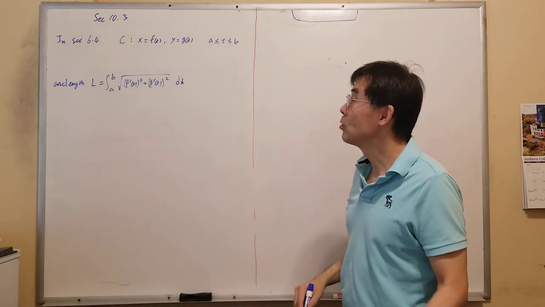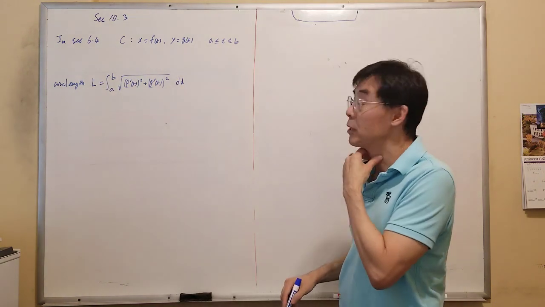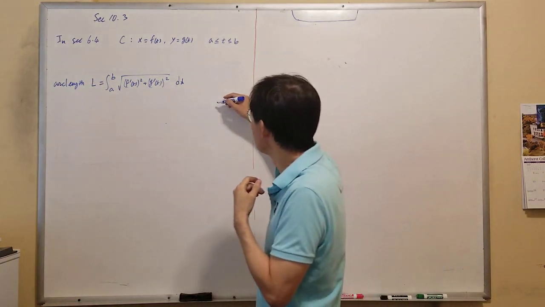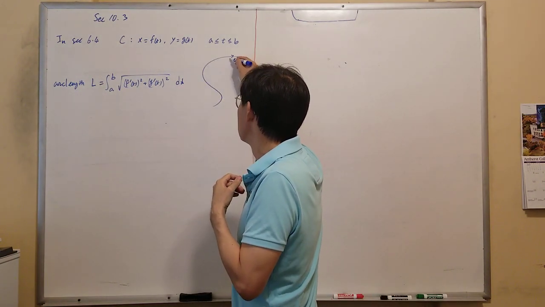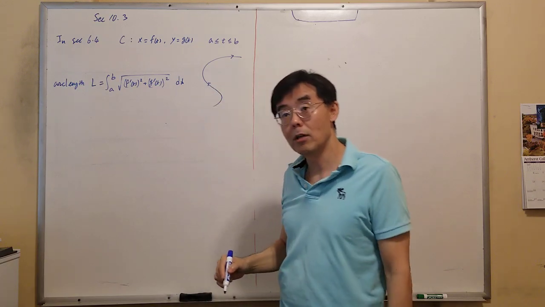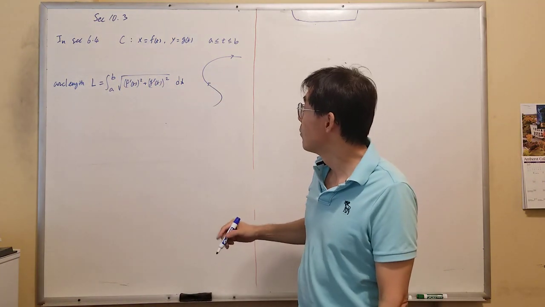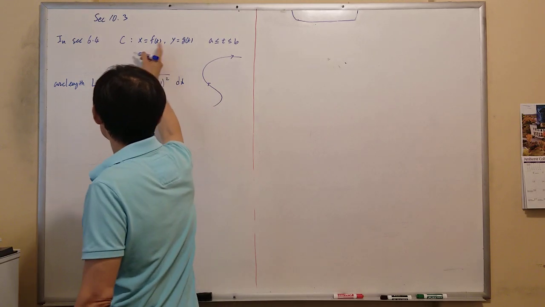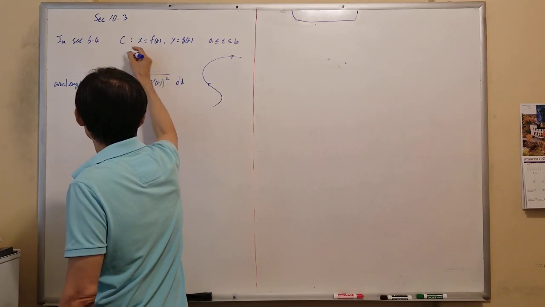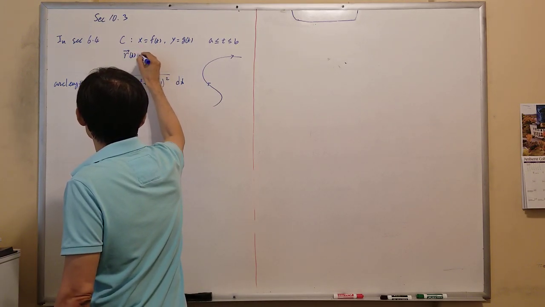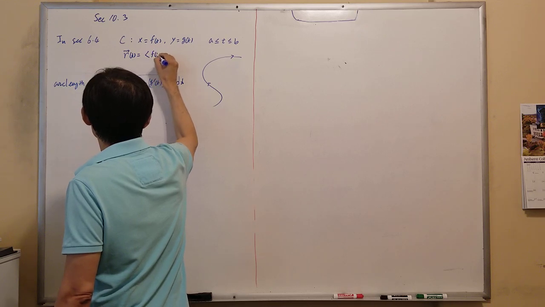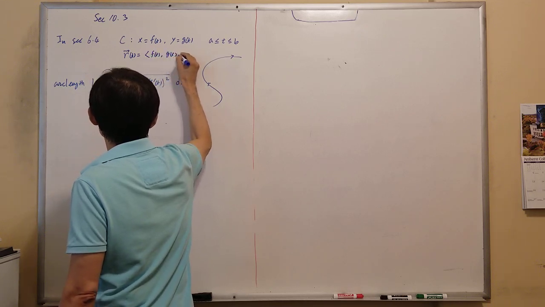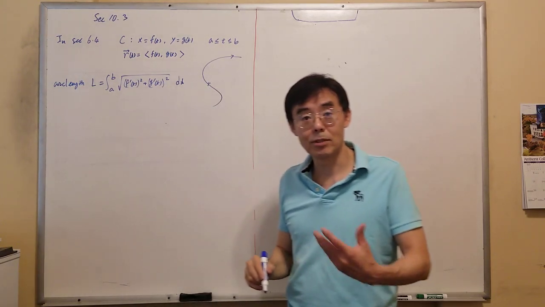Now, if we introduce the concept of position vector, if you consider this curve as the trajectory of a moving object represented by a position vector, now we can represent this curve just like this. This is just a two-dimensional position vector.